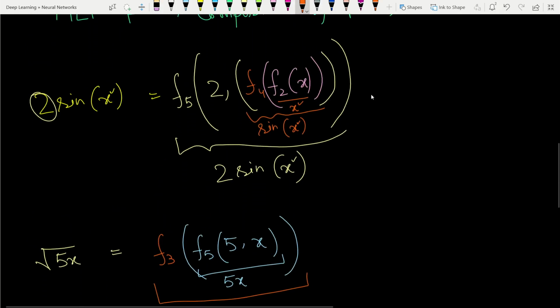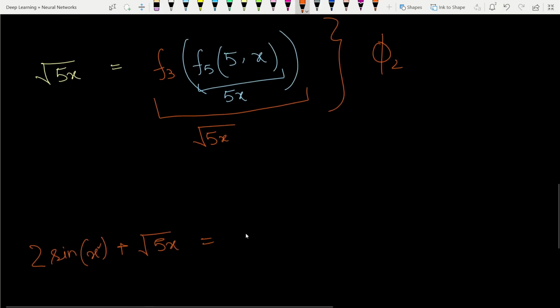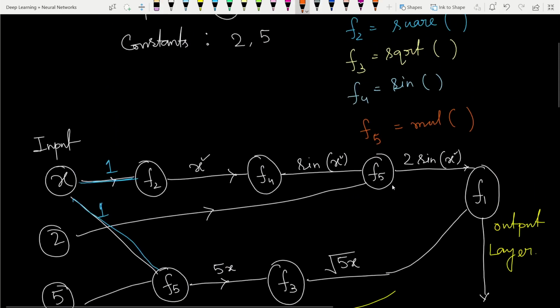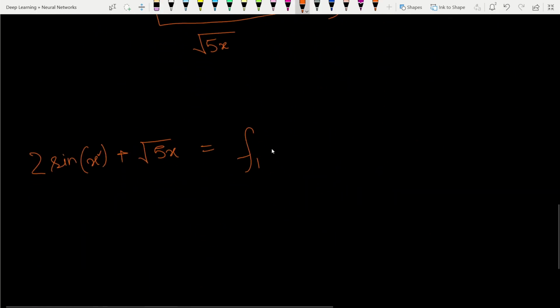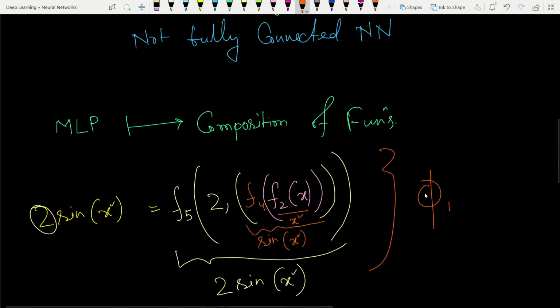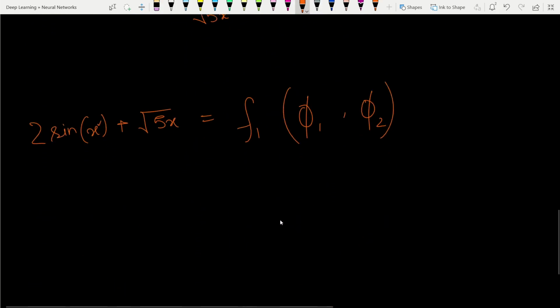I will call the first part phi 1 and the second part phi 2. Now the final equation we can write with the addition function, f1. So f1 will take phi 1 and phi 2. Instead of phi 1 you can write the whole thing, and the same for phi 2, and then you get the full expression.